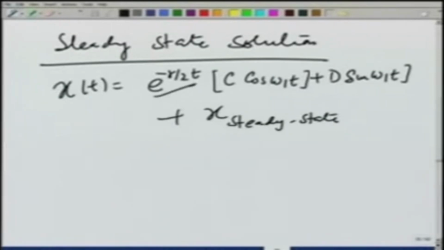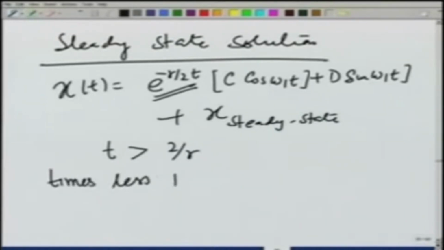So, this factor really makes the homogeneous solution go down for times greater than 2 over gamma. For times less than say 1 over gamma, we are going to have significant contribution from this solution also.